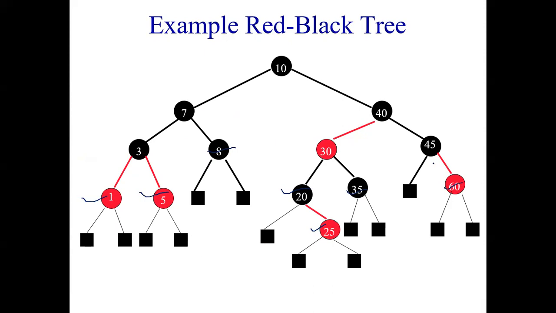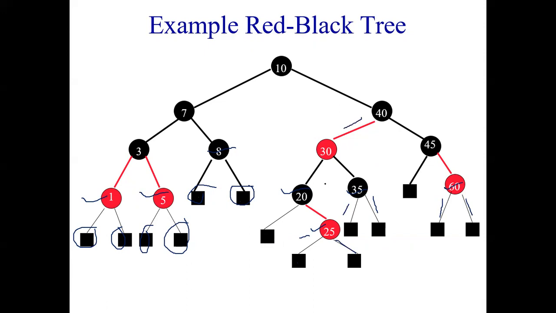Okay, but you can see that all the nulls are represented as black nodes. Okay, so actually these things we call external nodes. In the context of red black trees, we call these null nodes external nodes. Okay, and you can see the pointers for the null nodes are in black color. Okay, it is in black color, right? And you can see the pointers for all the red nodes are in red color.